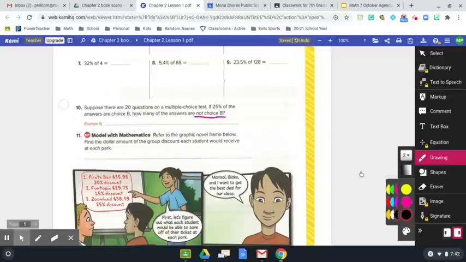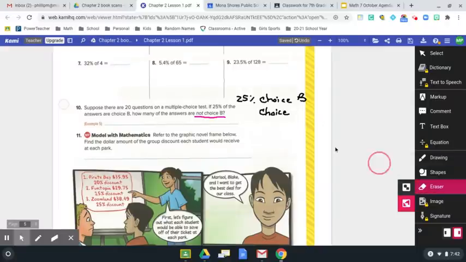So let's think about that for a minute. 25% choice B. That means 25% of the answers on the test were B. Well, then how many of the answers were not choice B?